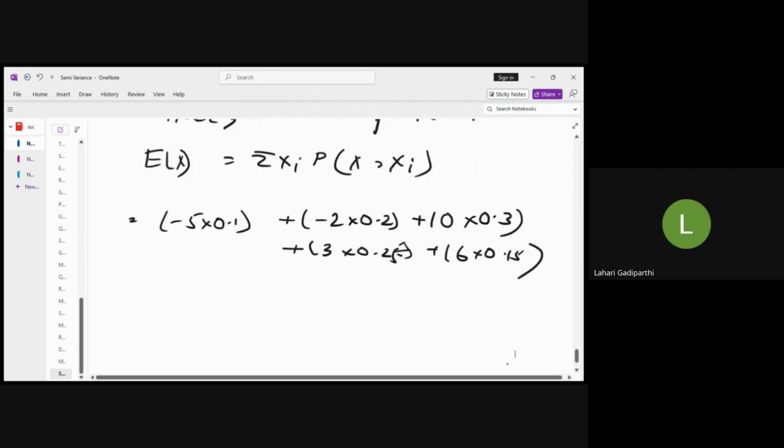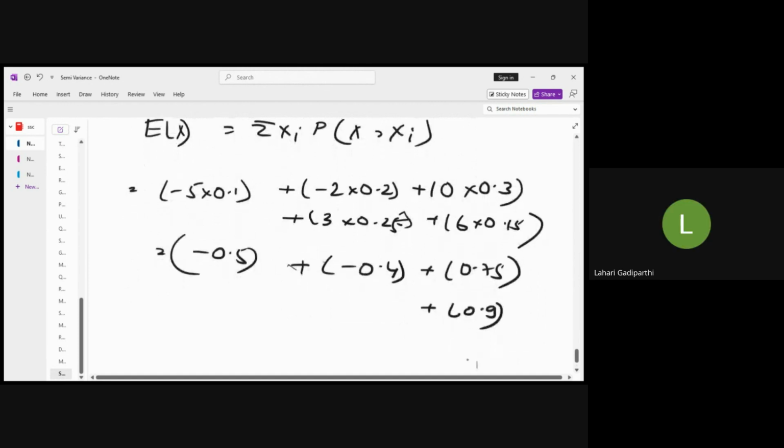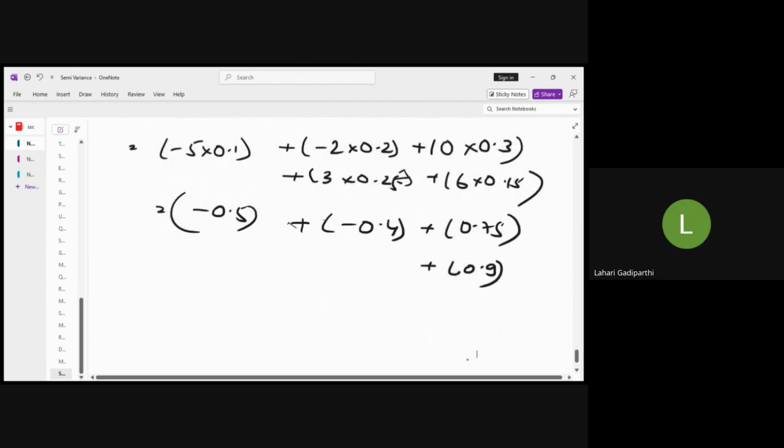So here it is minus 0.5, then minus 0.4, 0.75 and 0.9. So finally, my answer will be 0.75, the mean return.